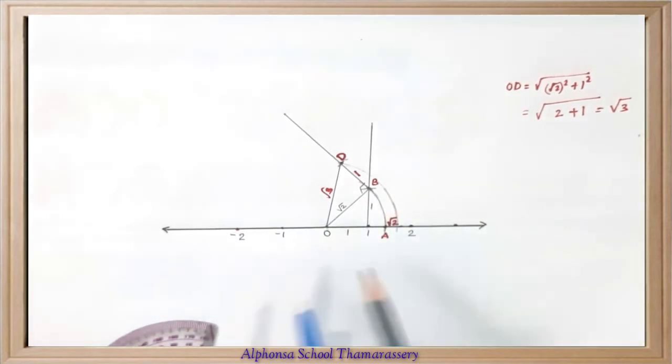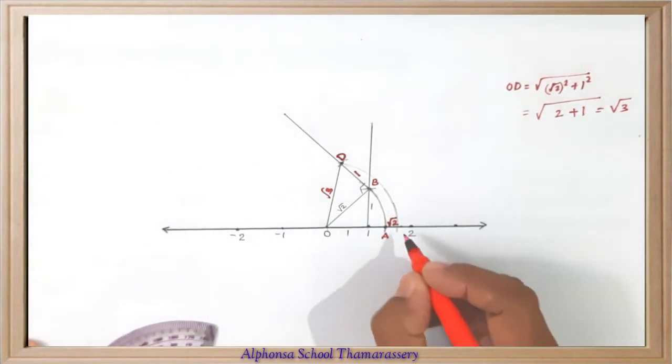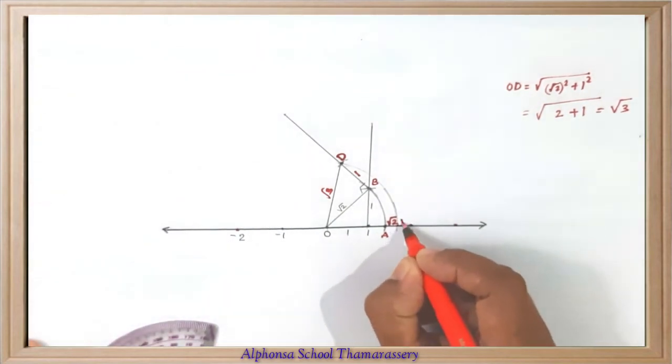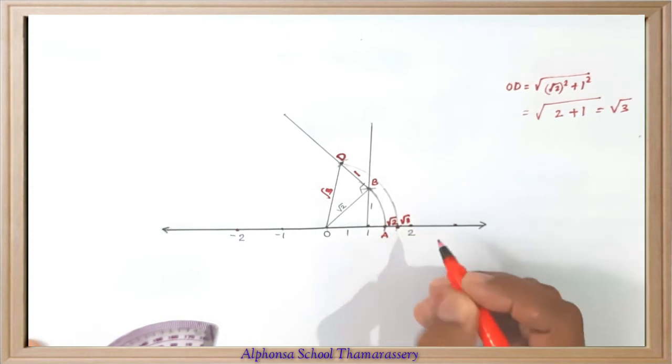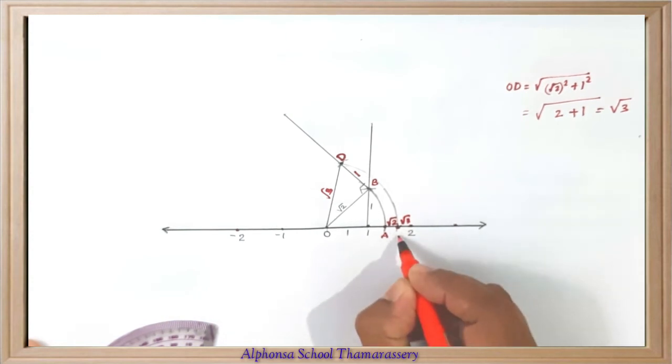So that point is root 3. We can mark that point as P.